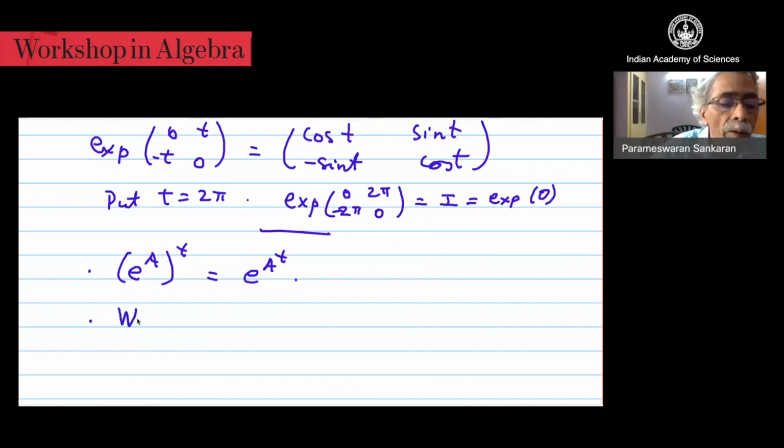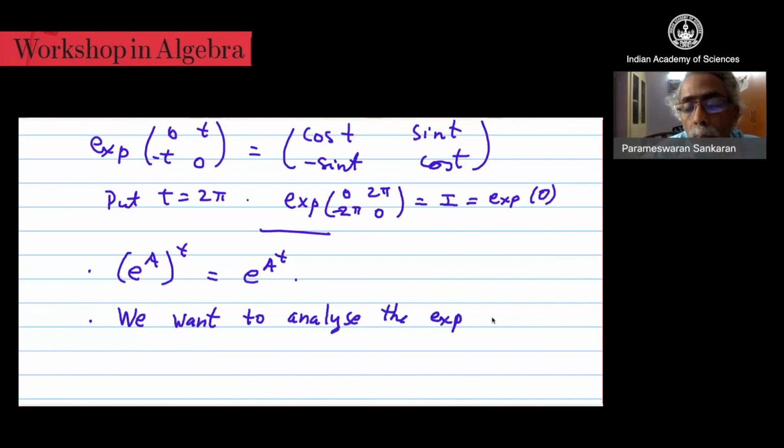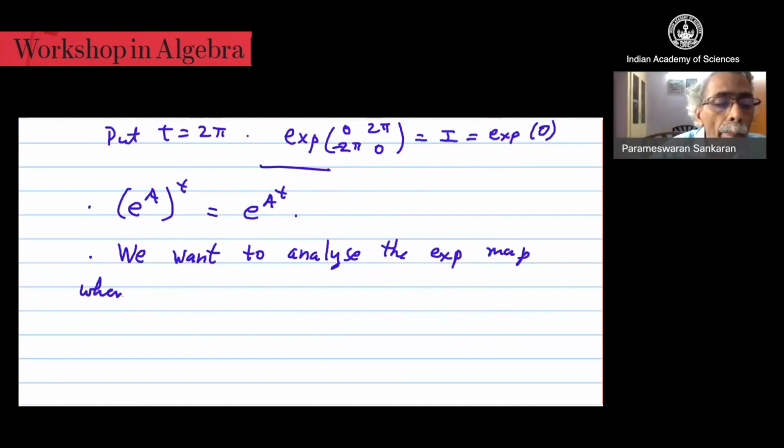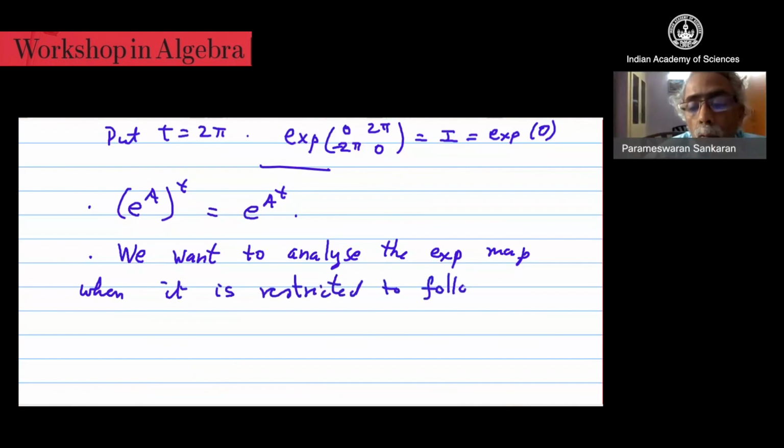We want to analyze the exponential map in the following situation, when it is restricted to the following vector spaces of Mn(C), Mn(R), depending on the context.